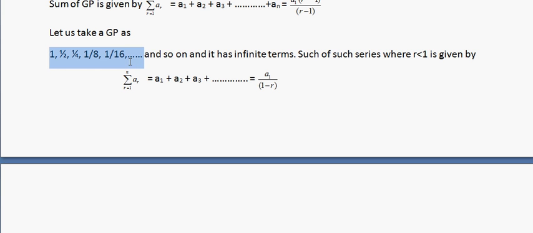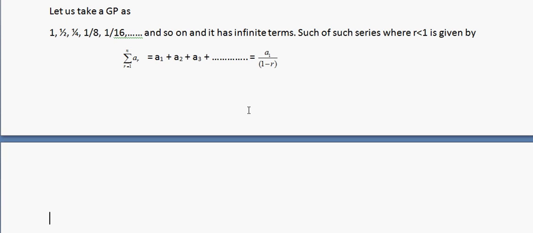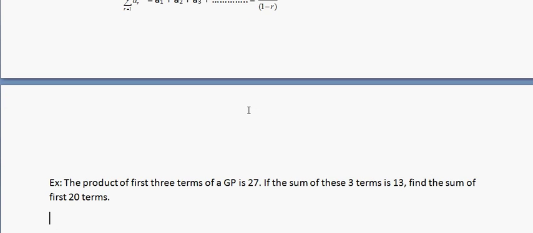So generally these kind of series are given to be infinite series, right? Because after some time it would diminish, it would become very less. So sum of such infinite series is given by first term divided by 1 minus r, right? So this is again an important formula which you have to remember, and which we would see would be applicable in few of the questions which we would do in exercises.